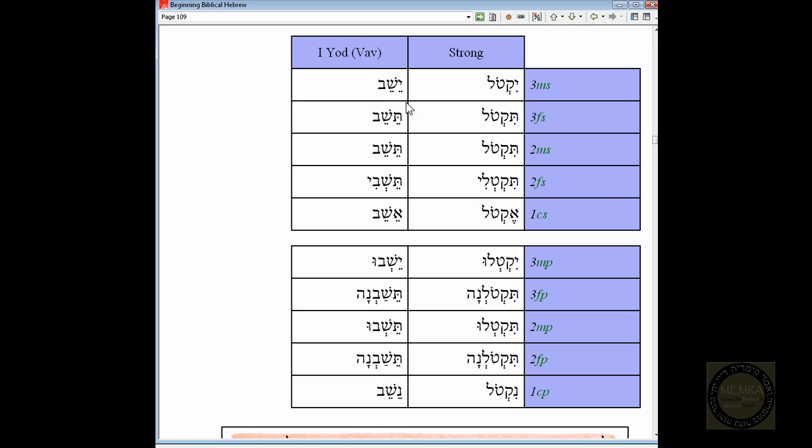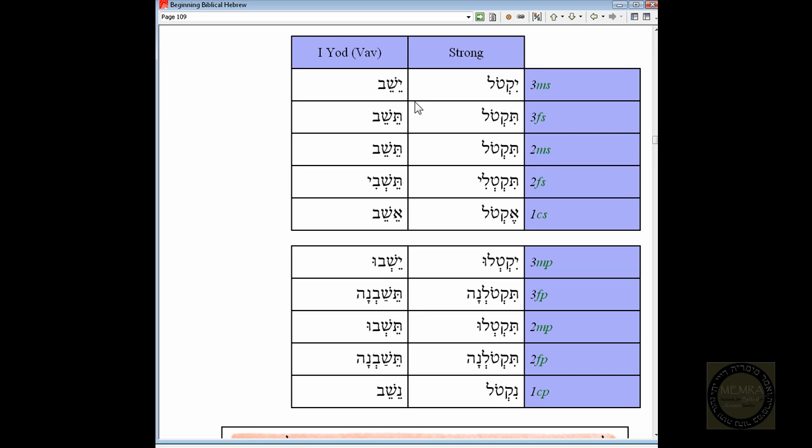Process of elimination, it has to be a verb. As soon as you see the tsera underneath the first consonant, that is your tip-off. Write it down. And you should be writing these tip-off devices, these tells that I'm giving you. That is your tip-off that you have a first yod verb in the imperfect.